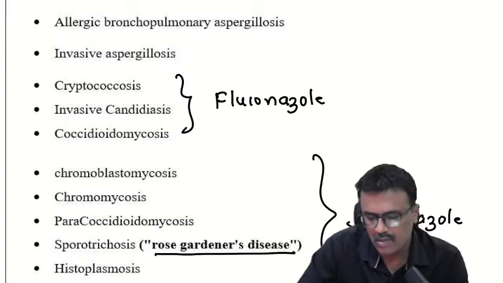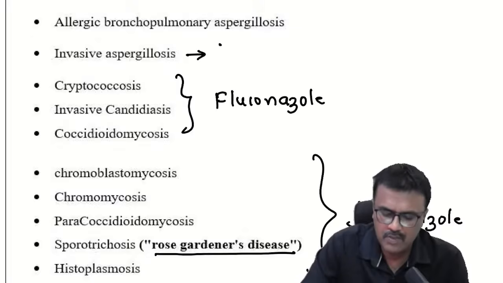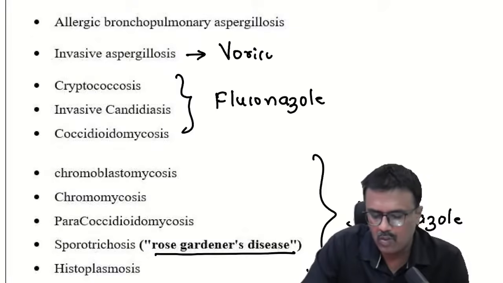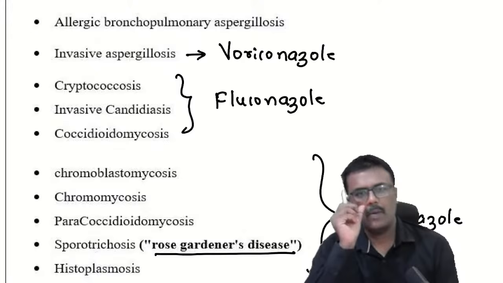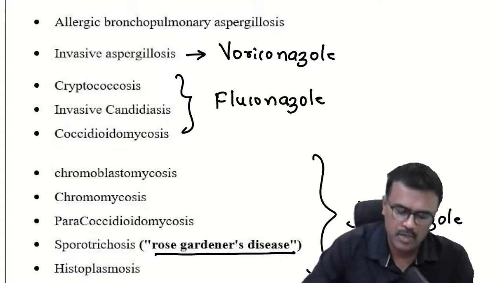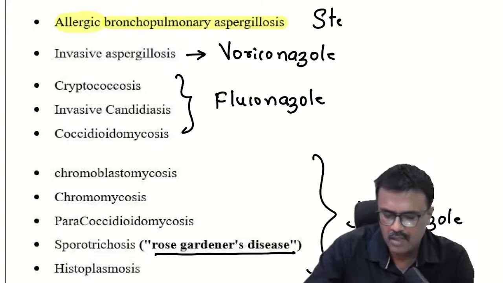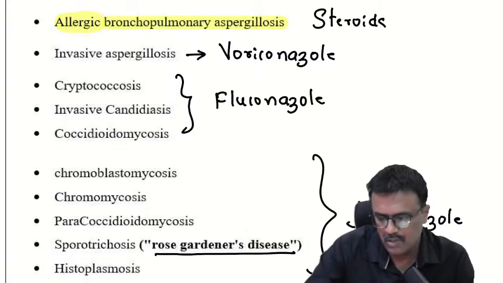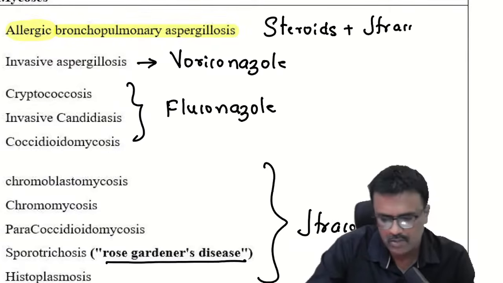Study these topics with micro, it will become easier for you. Invasive aspergillosis, it is voriconazole. Sometimes patients will develop allergy to the fungus. How do you treat allergy? Give steroids. But if you give only steroid, the fungus may flare up, so add an antifungal, itraconazole.